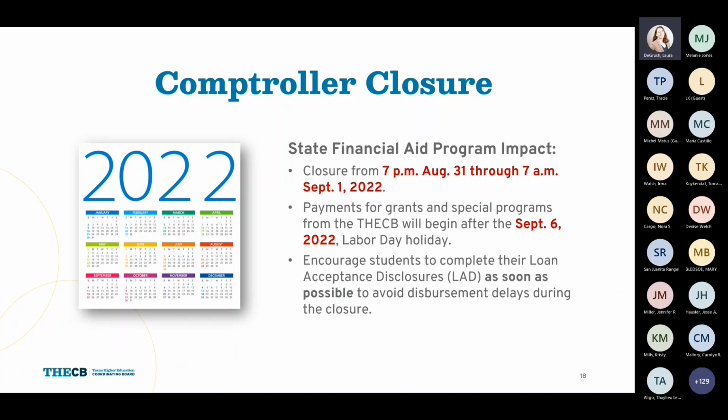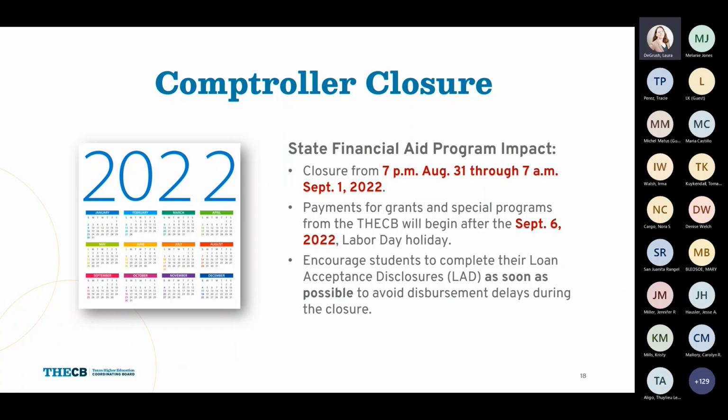Now, what does this mean in terms of getting in requests and certifications? If you are processing a college access loan, for example, for a student, encourage the student to complete their loan acceptance disclosure, also called LAD, as soon as possible to avoid disbursement delays during the closure.